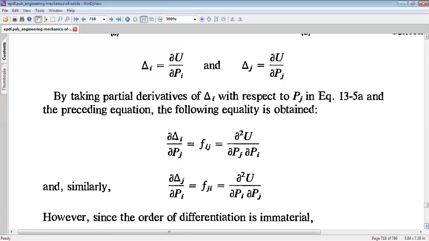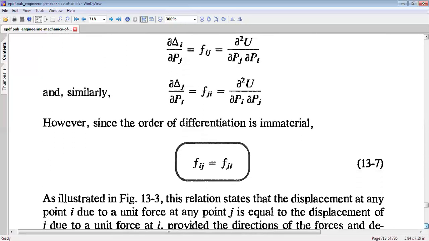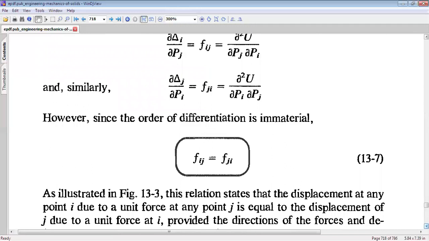And similarly, ∂Δ_J/∂Pi becomes Fji, and that is ∂²U/∂Pj∂Pi. Now, since the order of differentiation is immaterial, we can write that Fij is equal to Fji, right? That means deflection at point I due to unit load at J is equal to deflection at point J due to unit load at point I.